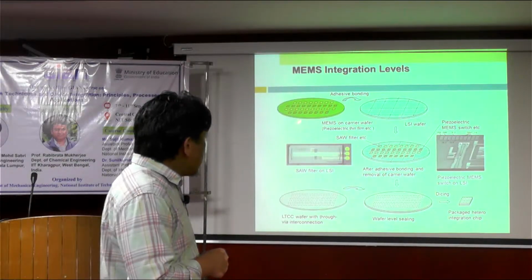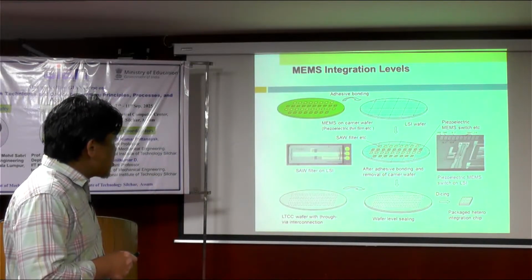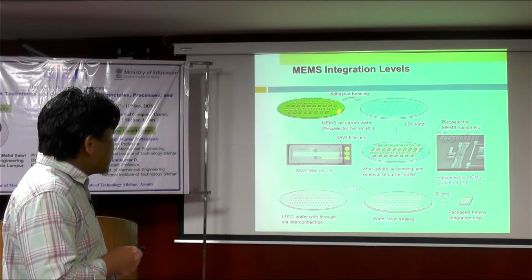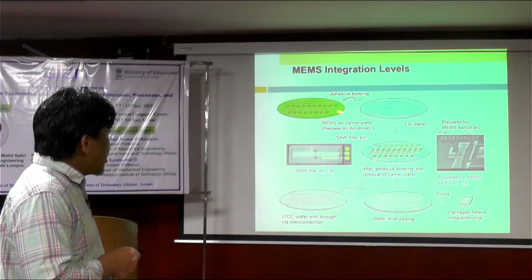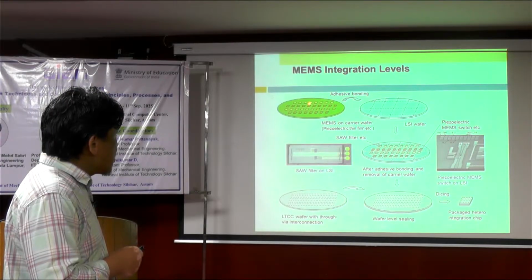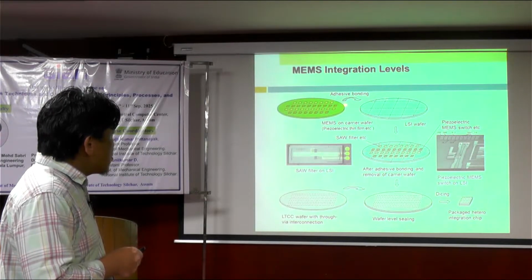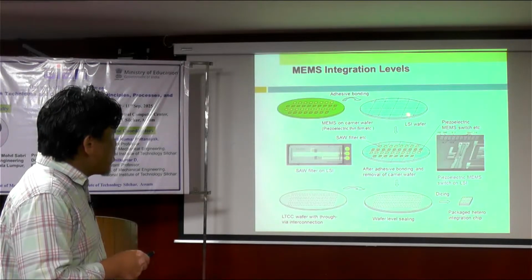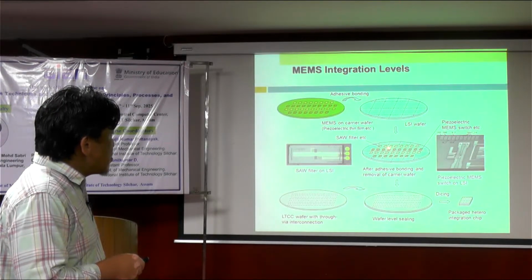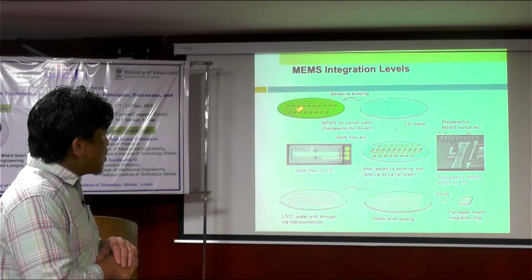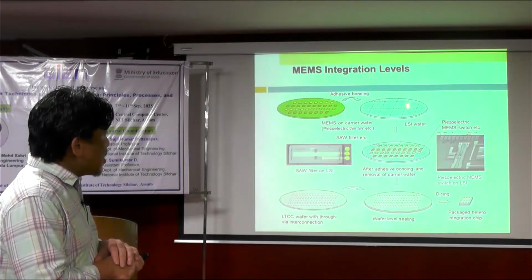So you can see here the MEMS integration level. For example, we have two wafers, the LSI and the MEMS wafer. This is every single component. So we can have a wafer bonding with LSI. This will create one whole chip of the MEMS device and the LSI.